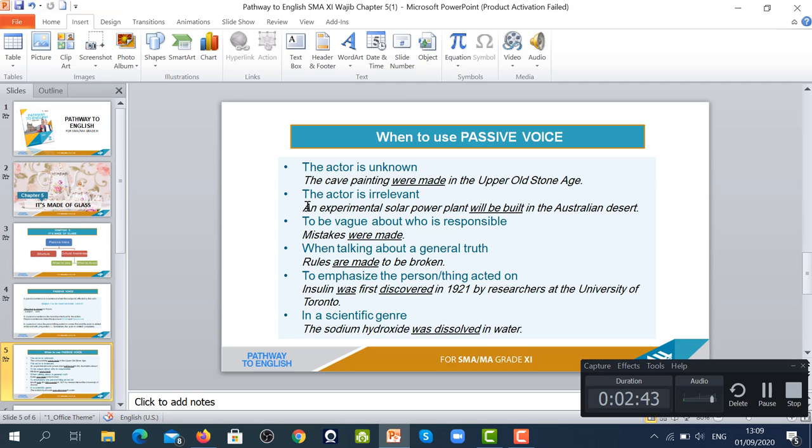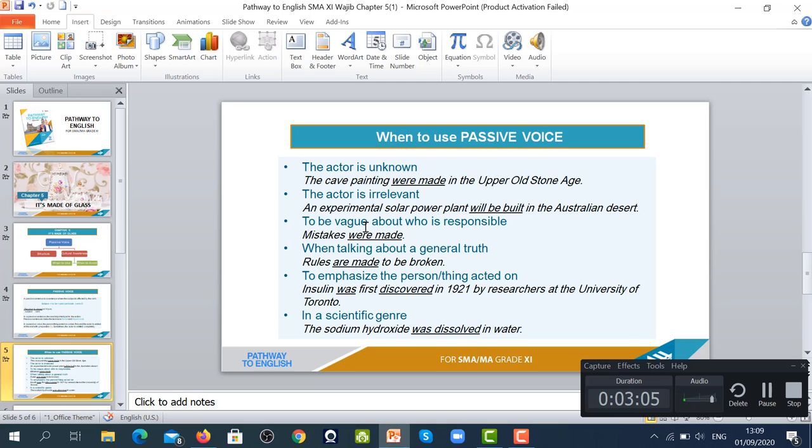For example, like this: an experimental solar power plant will be built in the Australian desert. And the third, we use passive voice to be vague about who is responsible.